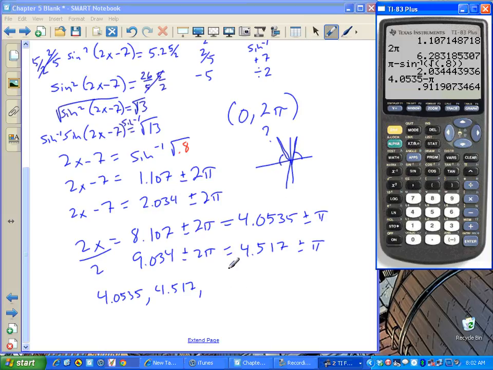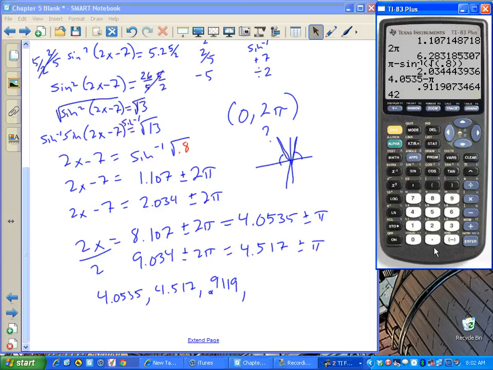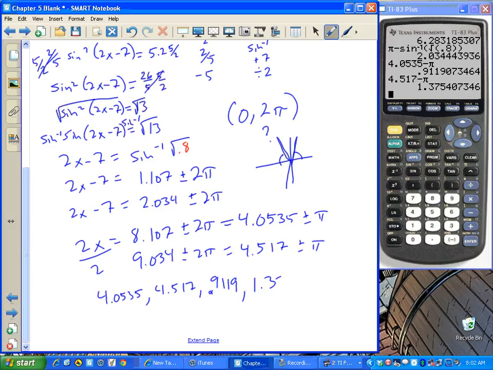Okay, because that's between 0 and 2 pi. So there's another solution, 0.9119. I'm going to subtract pi from this other one. 4.517 minus pi. There's another solution. 1.375. Okay, these are the 4 solutions that are between 0 and 2 pi.